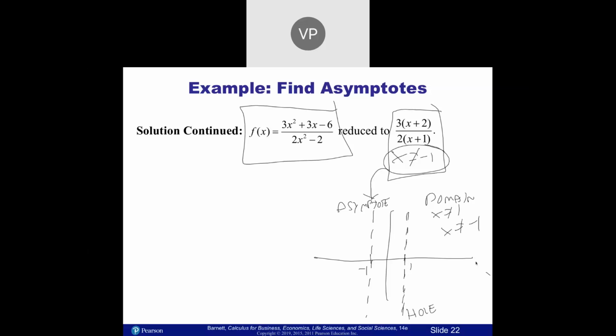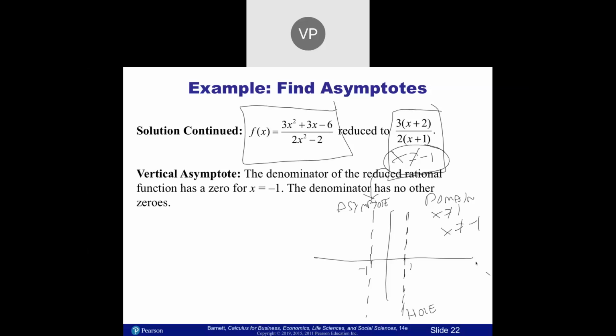That's the difference between these. So you first have to check what's in the bottom, and if it cancels off, it's no longer an asymptote. So reduce it down, and whatever's left, this negative 1, that's your vertical asymptote. That's it. So to answer the question, what's your vertical asymptote? It's just x equals negative 1.